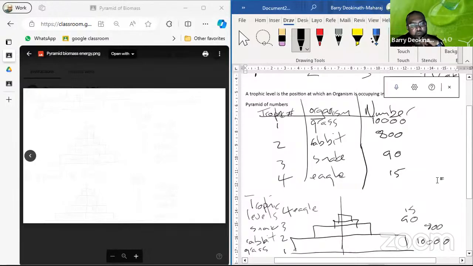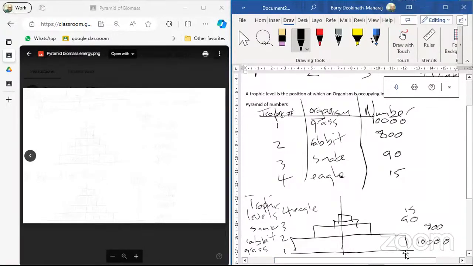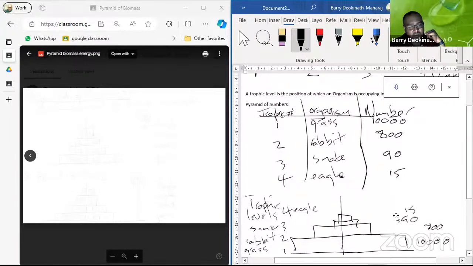Right. So if you notice now, what general shape did we form here? A triangle. A triangle. And what did we use to form this shape? What information or data did we use to construct this? Can you repeat that?